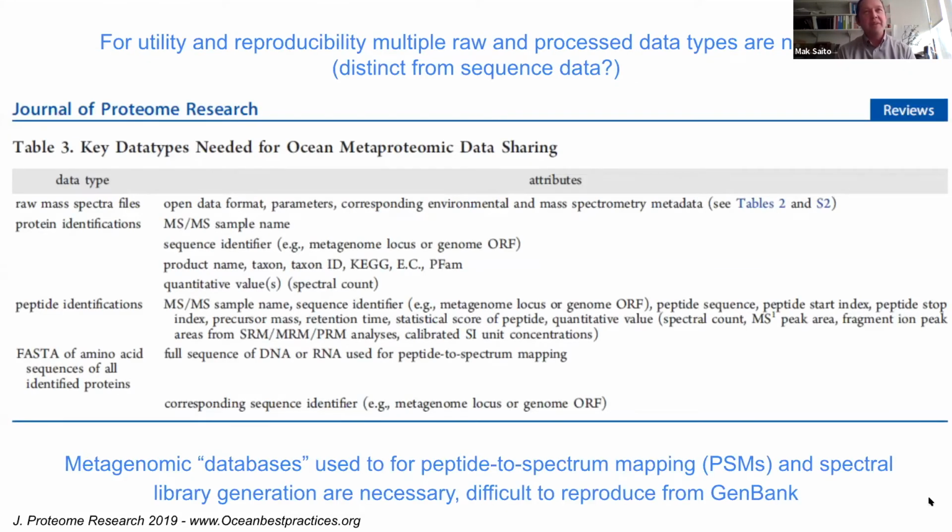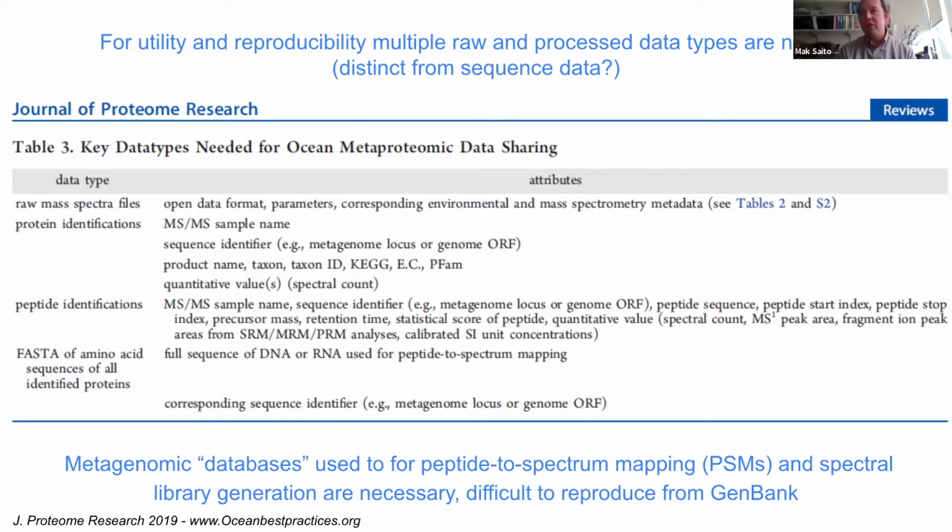And then another aspect that's really important that we realized was the data types that are needed for data sharing. So it's not just the raw mass spectra files as well as process files such as protein and peptide identifications and their quantitation numbers, but also the sequence data that we use to generate this data. In this case, the FASTAs of the amino acids.